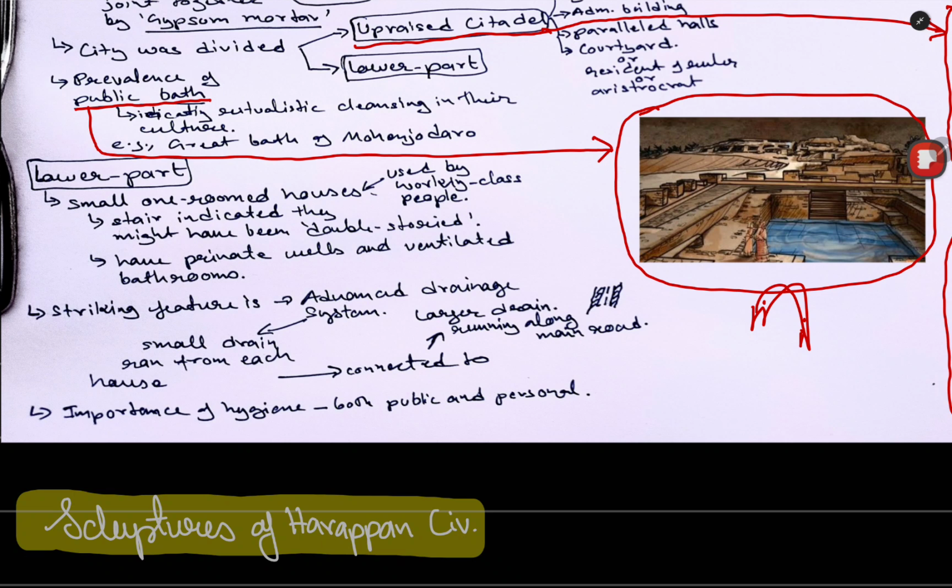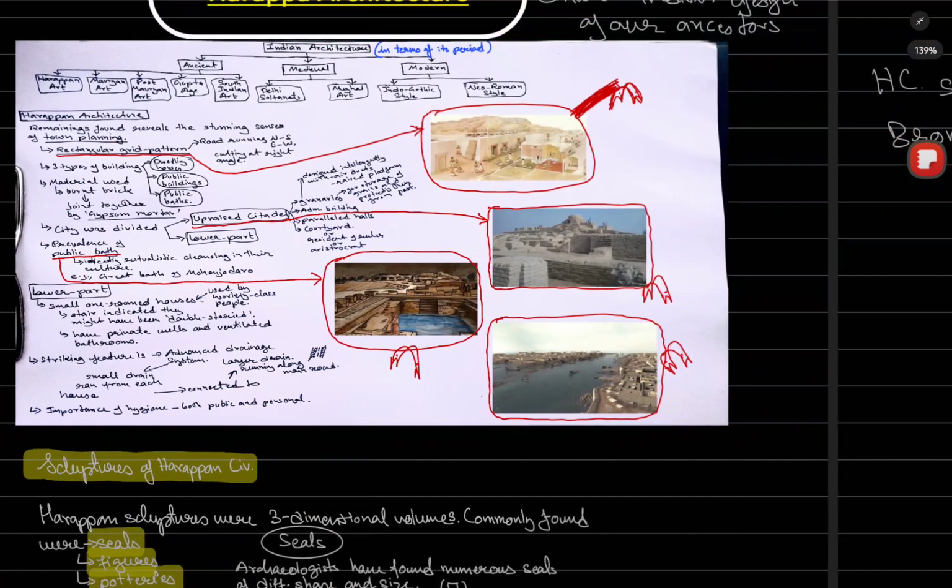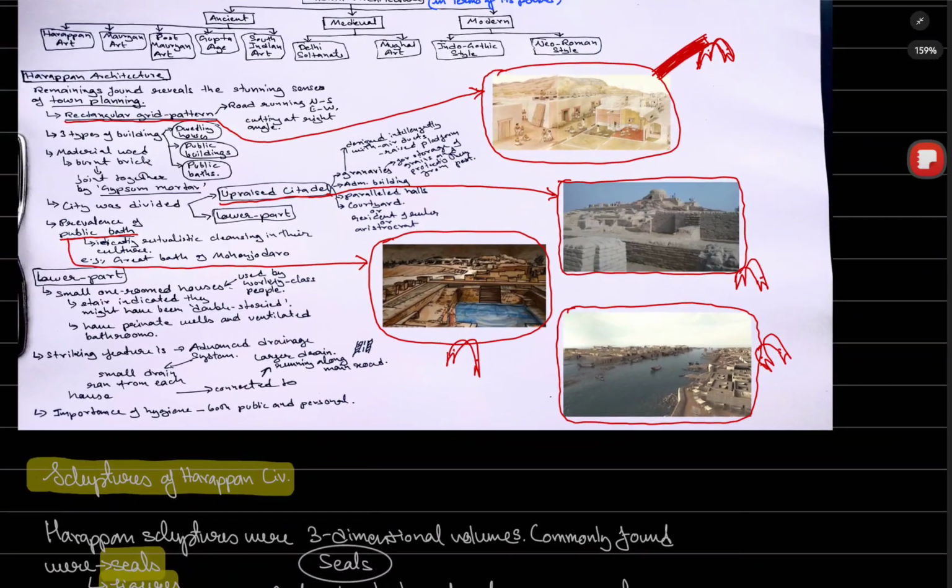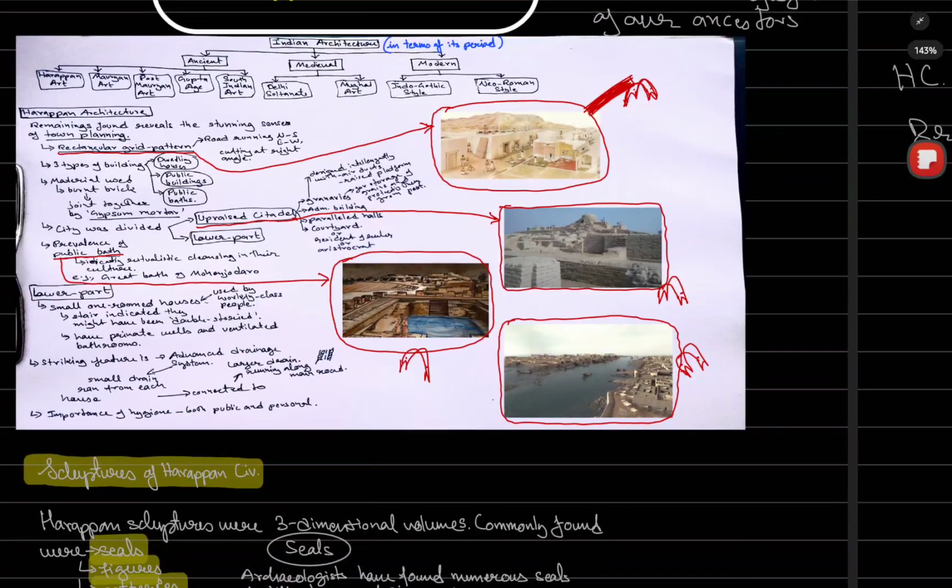This was a very striking feature that we came across in the Harappan city. The importance of hygiene, both public and personal, was considered, and this was very important in the design of their city and their houses.